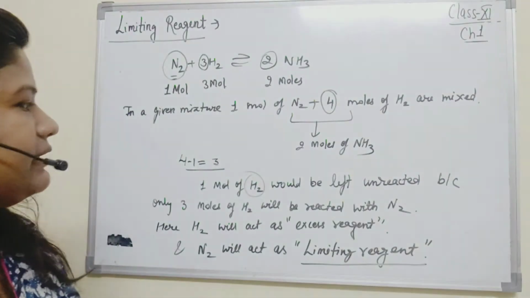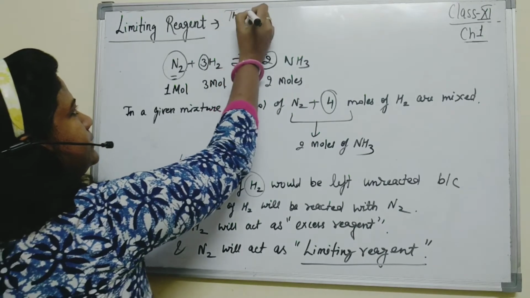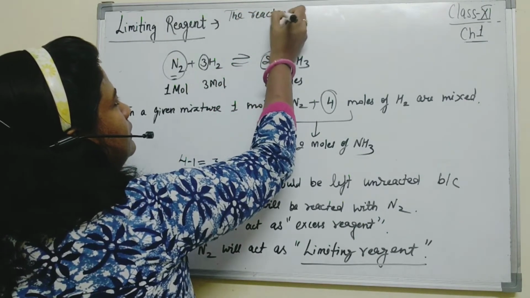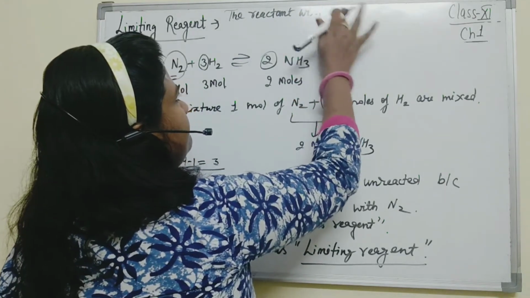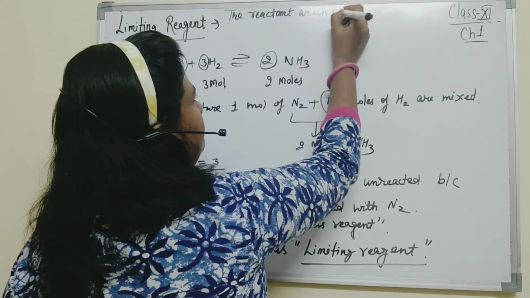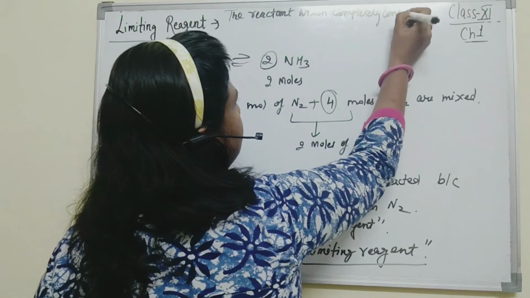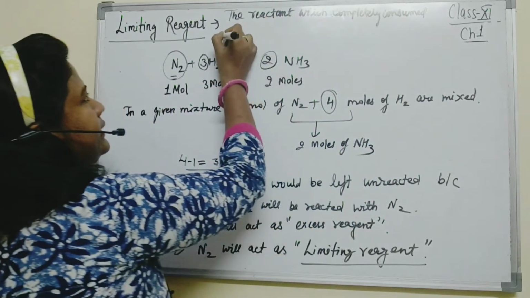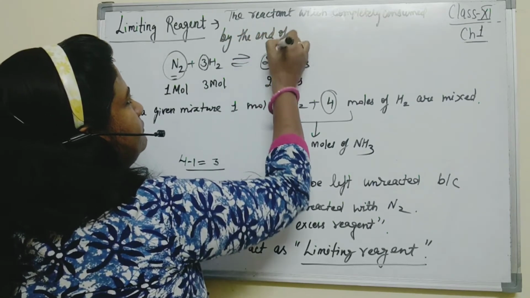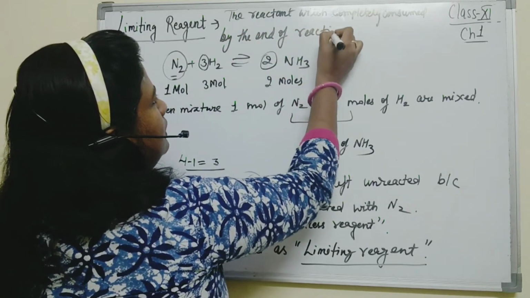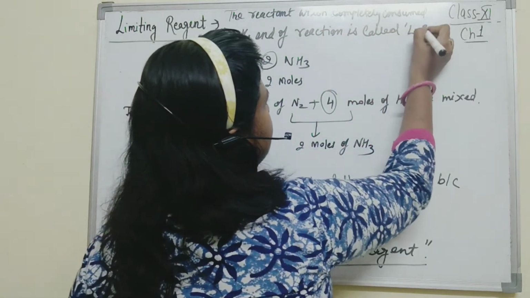So what is the definition of limiting reagent? The reactant which is completely consumed by the end of the reaction is called limiting reagent.